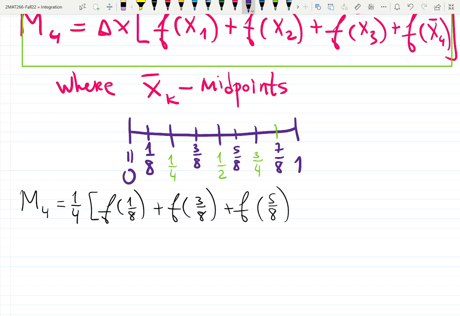So it's 7/8. Or you can keep adding 1/4, that's fine too. But you can also subtract from the end point. f of 7/8. Boom, you have that. The thing is now you actually have to find those numbers. Equals. And then I'm reminding myself, what is f? f of x is what?